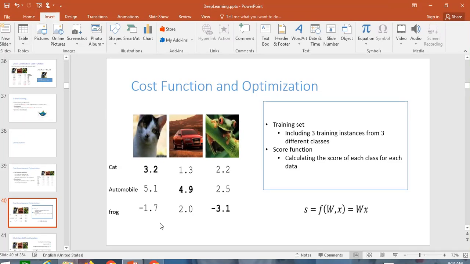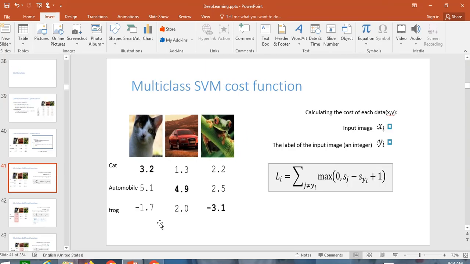We have a cost function called the multiclass SVM cost function. It has different names. It is also called a hinge function, for example, and there are also other names. It is important to understand what this formula says, and now we want to explain this formula with a specific example.